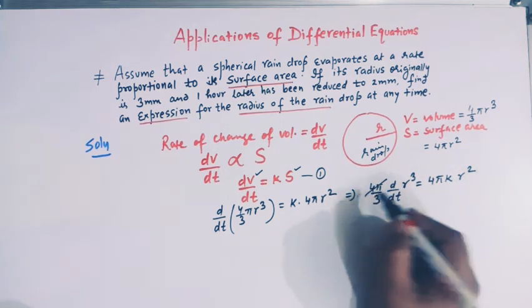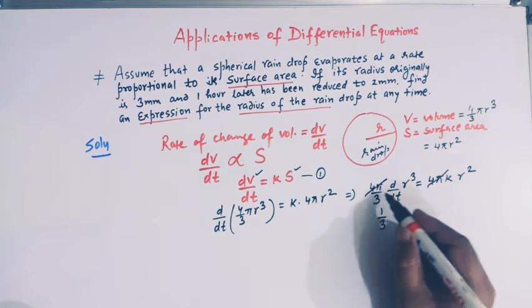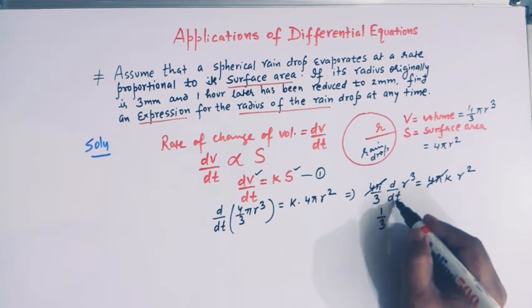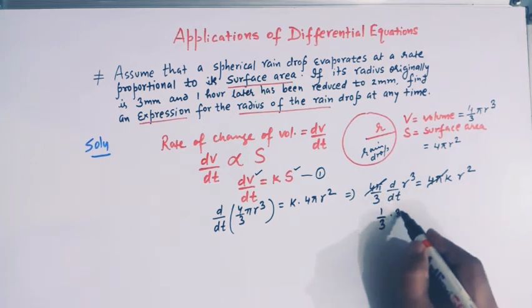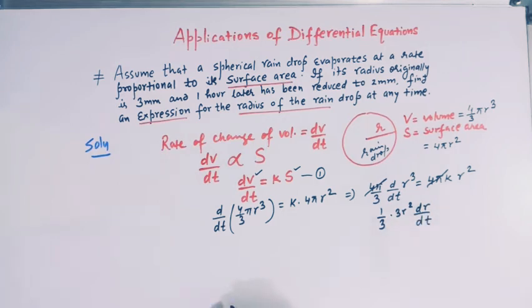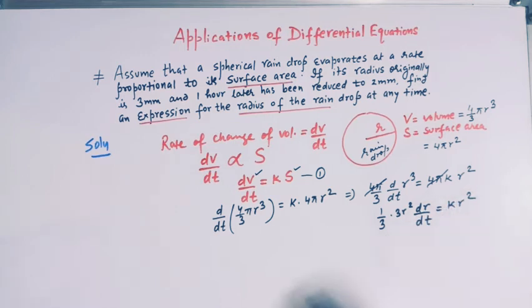Now the 4 pi and 4 pi get cancelled, and we have 1 over 3, and d r cube over dt is 3r square dr over dt, and here we have kr square.